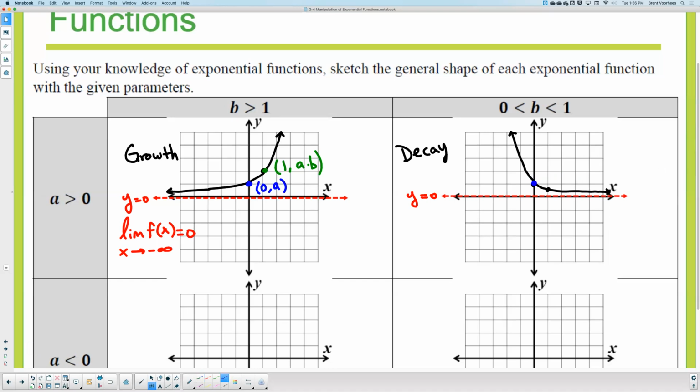So what's the formula for the y-intercept? You can look over here. 0, a. And the last key feature would be, oops, not a first, it's 1 comma a dot b.